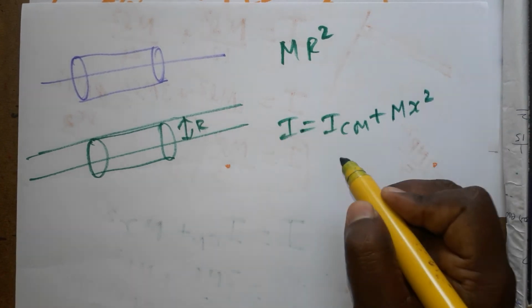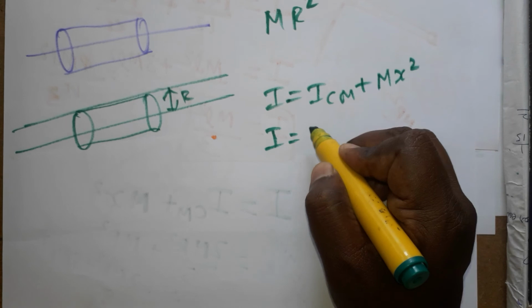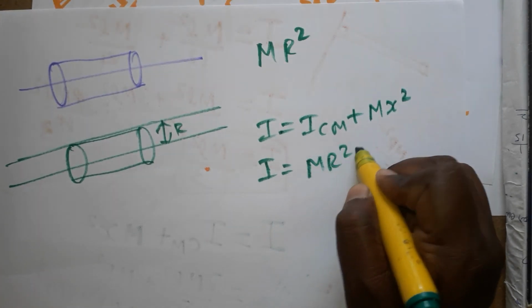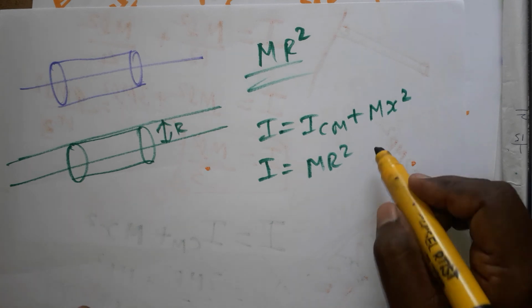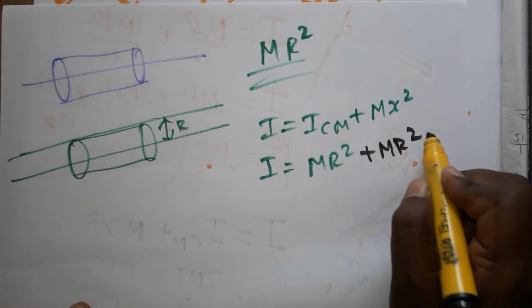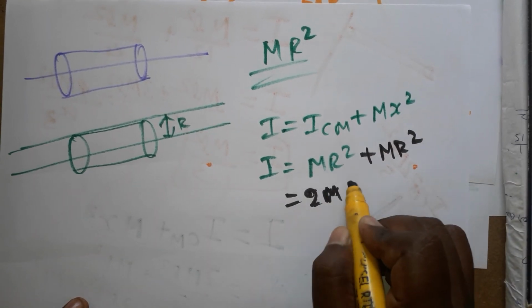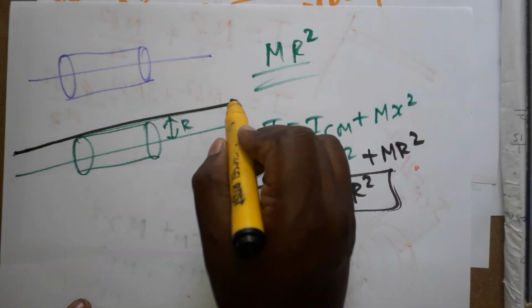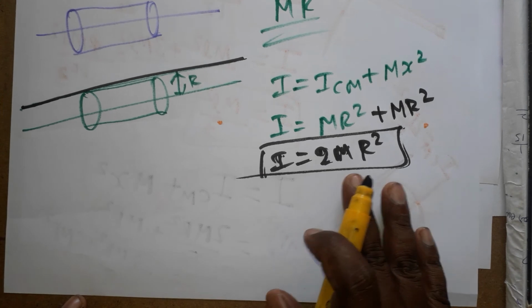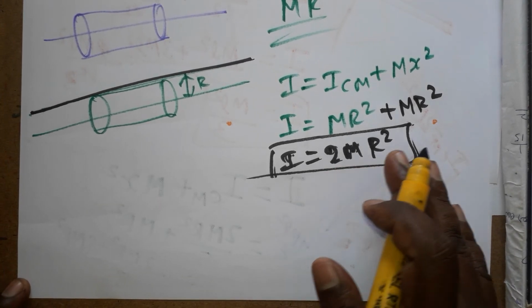The distance between the two parallel lines is r, and ICM is mr square, which we already know, plus mx square, where x square is r square. So this is going to be 2 times mr square. When the axis passes at the edge of the cylinder, the inertia will be 2 mr square.